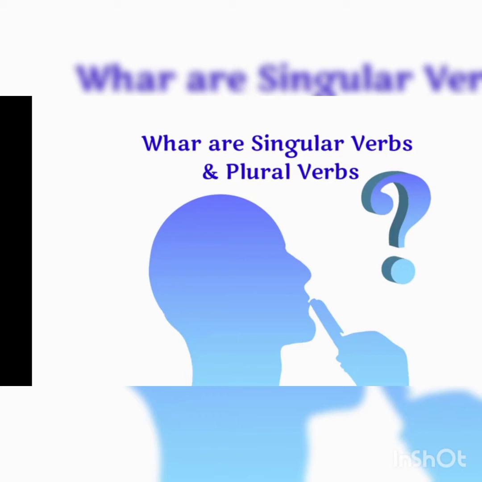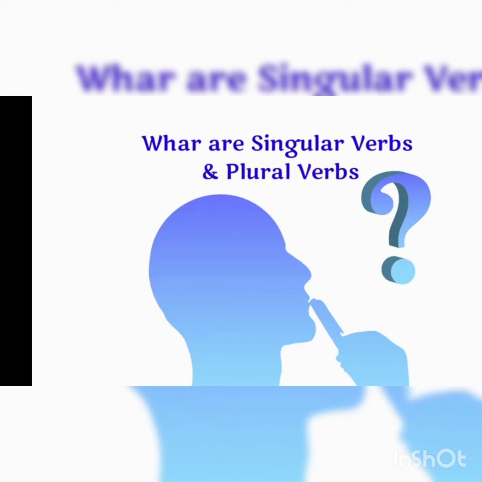What happens in nouns? In nouns, when we add s or es, it becomes plural. Let's take an example. Box is a singular noun, and when we add es to it, it becomes boxes, a plural noun.